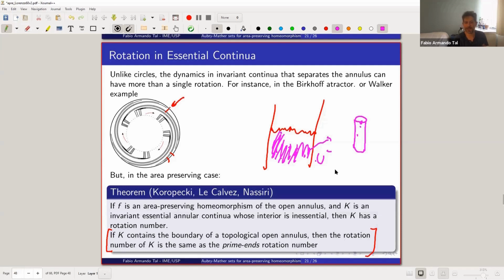And the theorem says that if you have some invariant set here, which is in the boundary of the annulus, and the dynamics is area-preserving, then the rotation number in this invariant set is the same as the rotation number that you find for the compactification, for the good model. So in some sense, you can always go to this good and nice compactification, study what happens there, and whatever rotation number you see there, it's going to be the same as the one you see in this region.